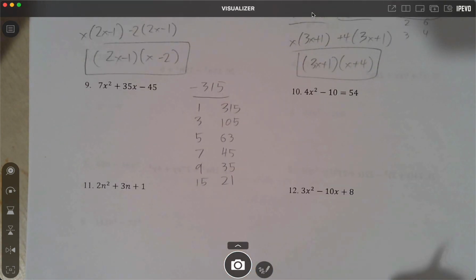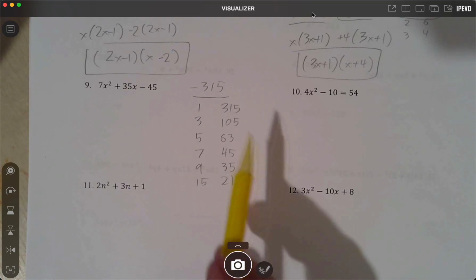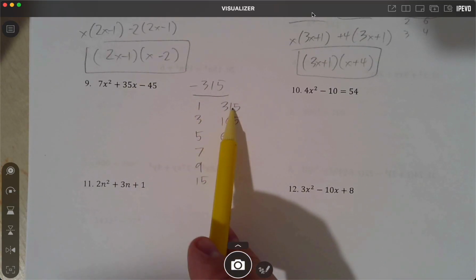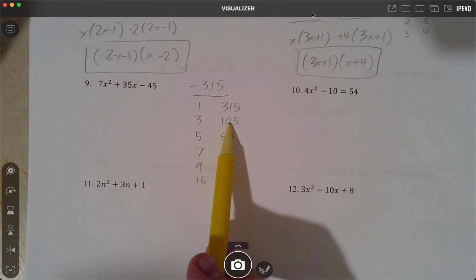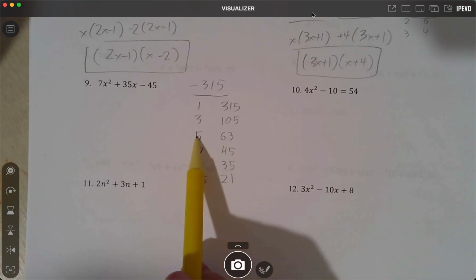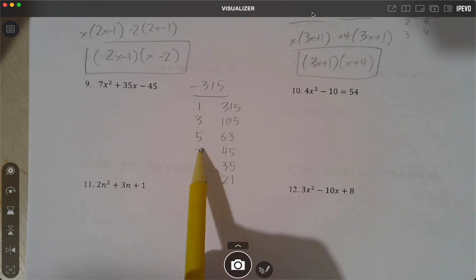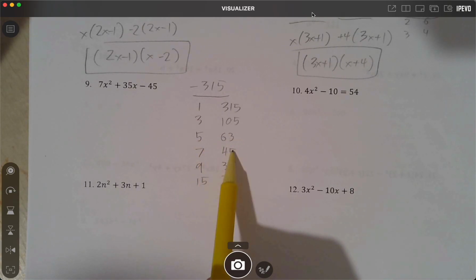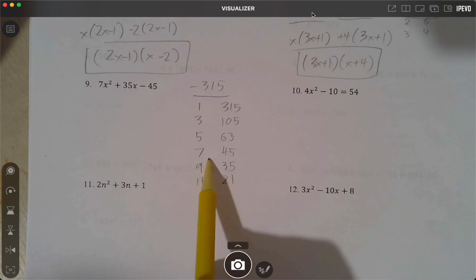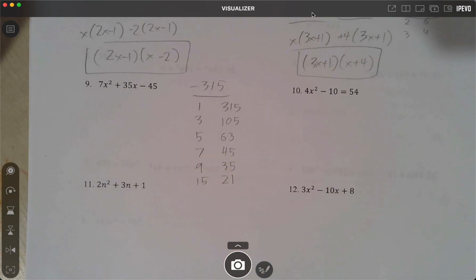And also, let's stop and show you how I know I'm done. Because I need to subtract to 35. These subtract to 314. These subtract to 102. So they're getting smaller. These subtract to 57. These subtract to 38. And then these subtract to 26.